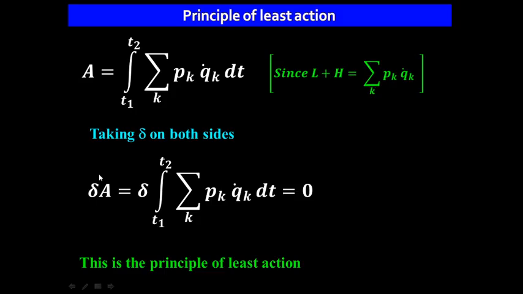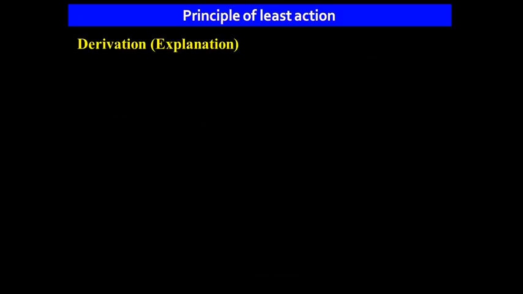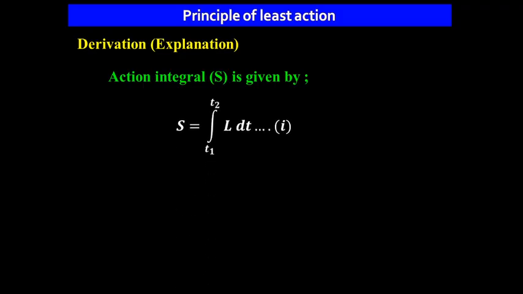Now we will prove, or derive, this principle of least action. For that we have to consider the action integral, which we have already studied in the initial portion of this unit. The action integral is S equal to the integral from T1 to T2 of L dt, meaning the time integral of the Lagrangian is nothing but the action integral.